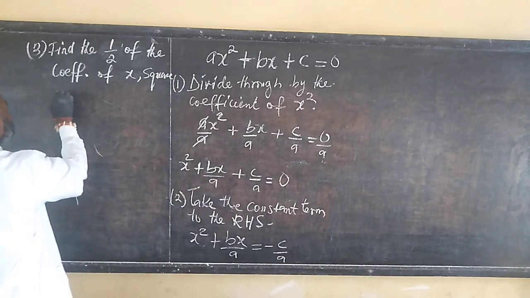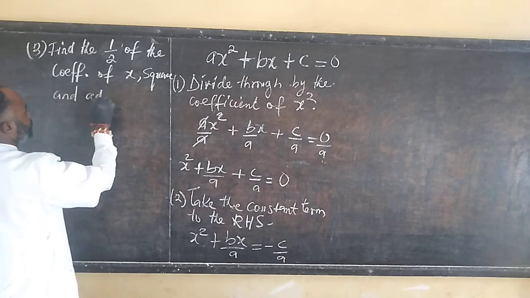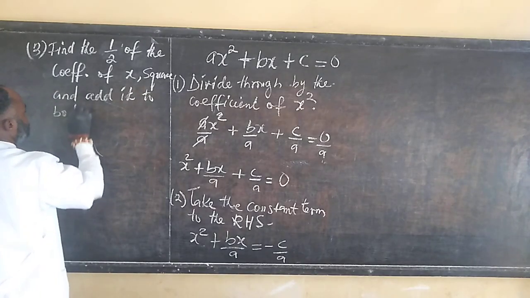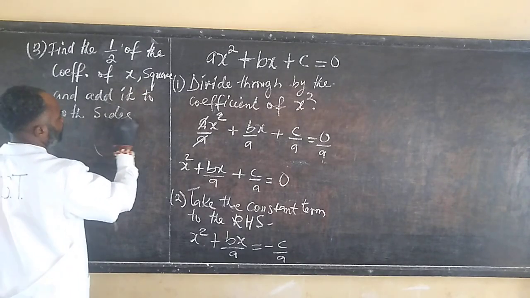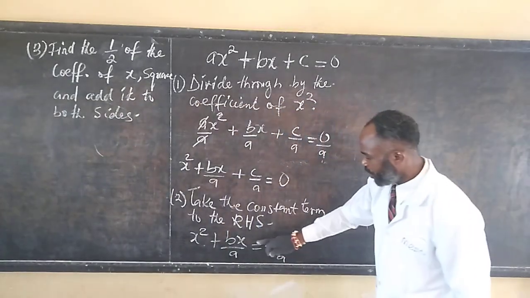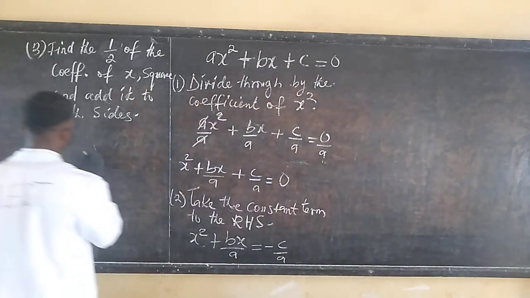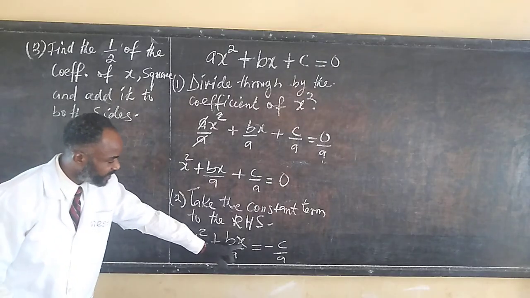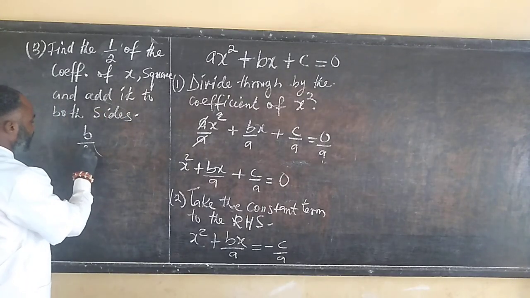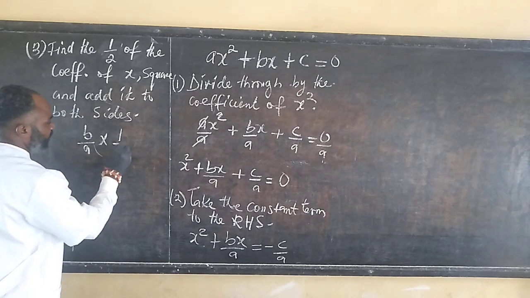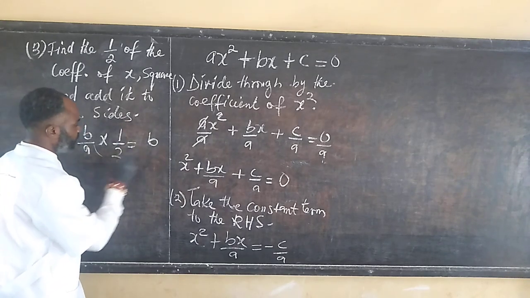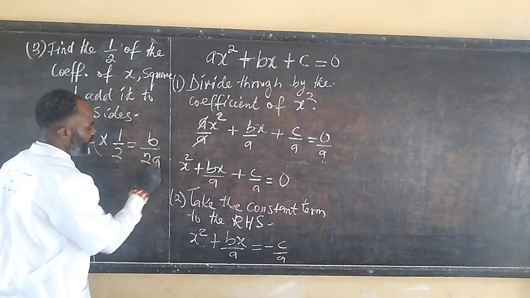Square it and add it to both sides. That's what the instruction is. So how do we find the half of the coefficient of x here? The coefficient of x here is b over a. So b over a times half gives b times 1 is b, a times 2 is 2a.